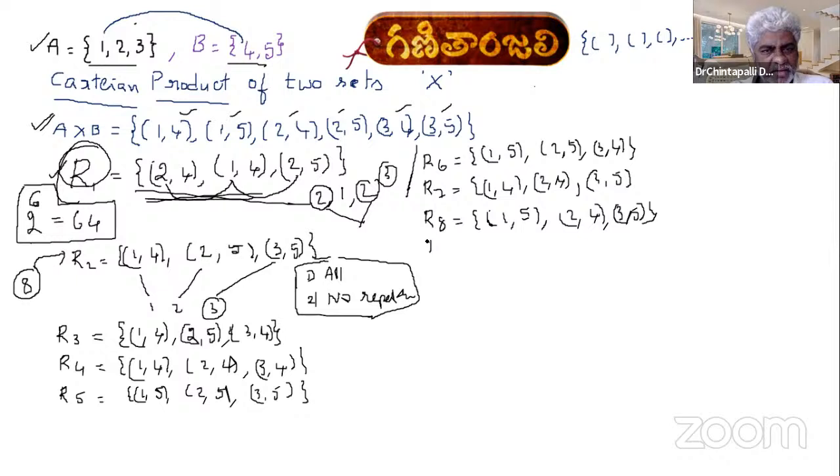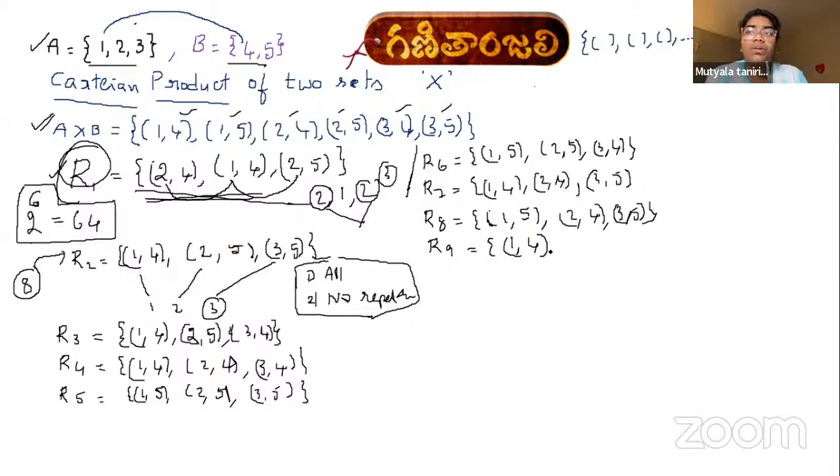Next, R9: 1, 4, 2, 5 and 3, 5. Not there? Yes.